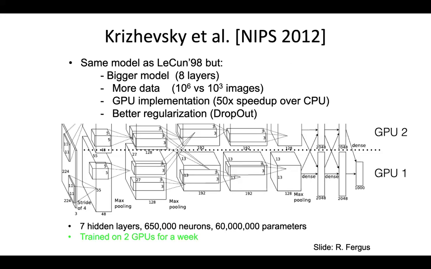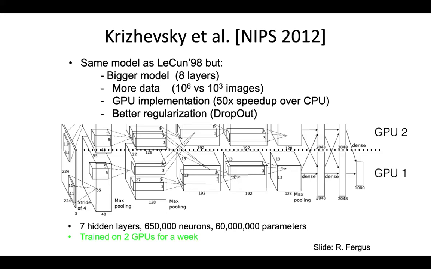And so this AlexNet had 7 hidden layers and 1 final layer. The hidden layers had 650,000 neurons and 60 million parameters, right?